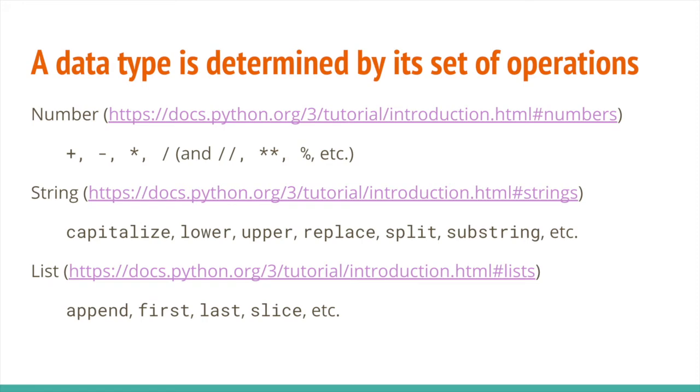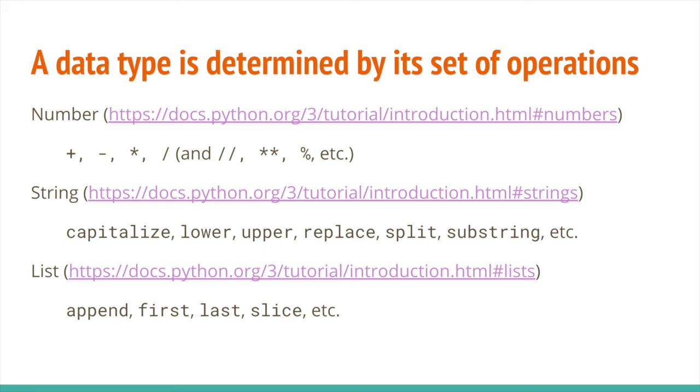Just listing a few here: capitalizing the string, capitalizing the first letter, lowercasing the whole string, uppercasing the whole string, replacing, creating a new string where certain parts of the original string are replaced with substitution, splitting the string up into parts, looking for a substring, many operations on strings.